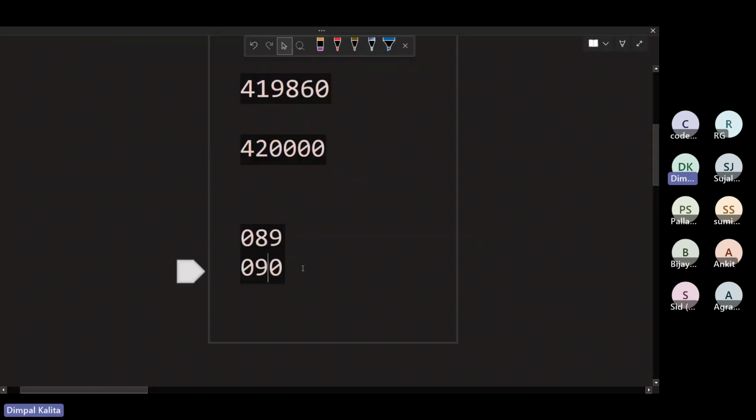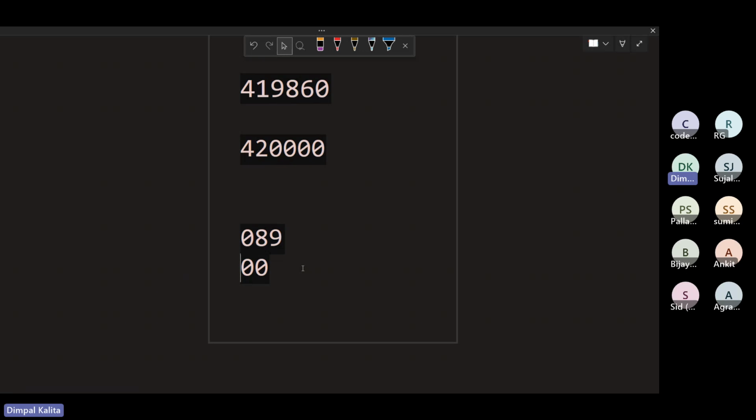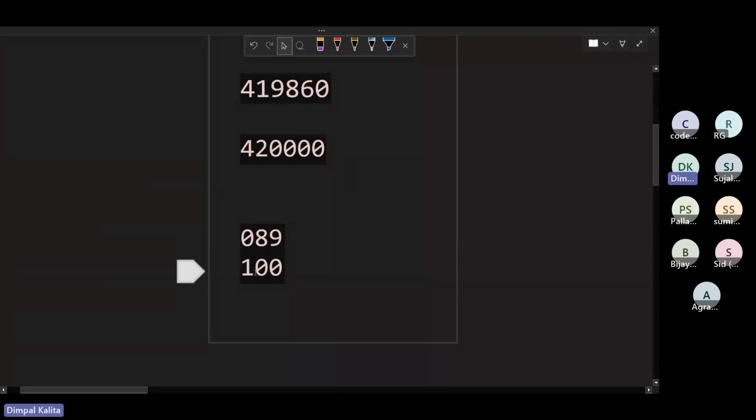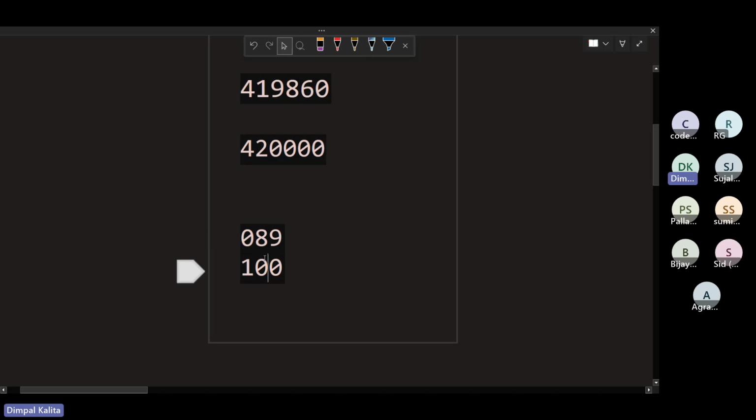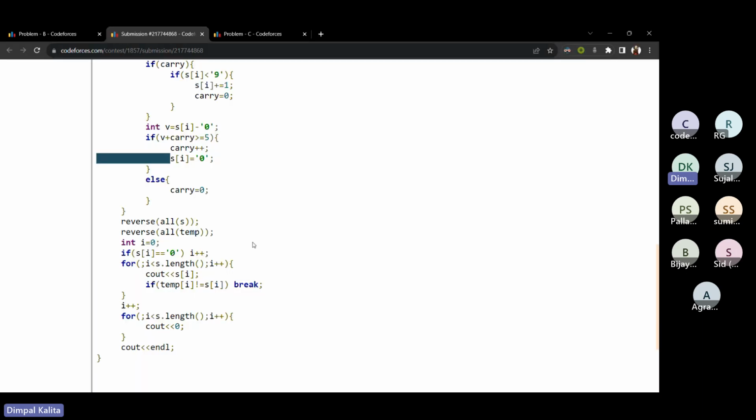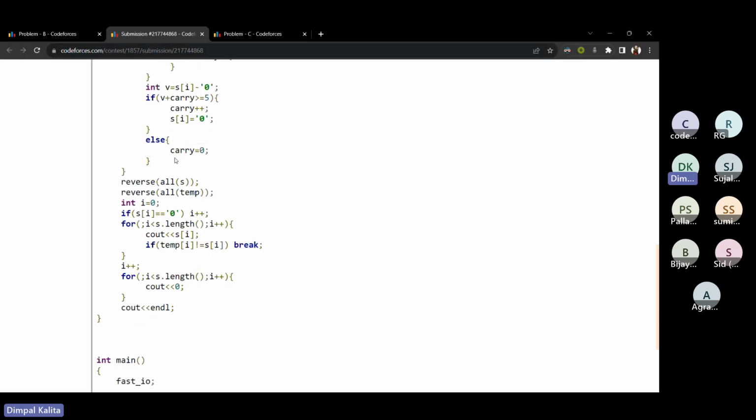Understand? If I round up the 8, I'll get a carry of 1 to its previous index. Then if I round it up, this value will become 0, because if I round up this 8, this becomes 0. Otherwise the carry is 0.